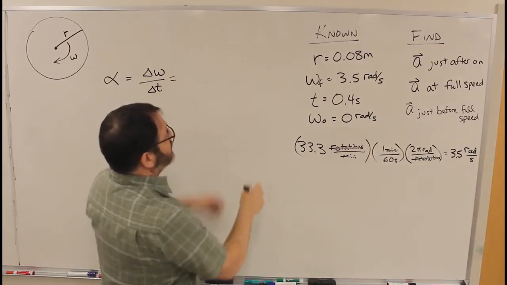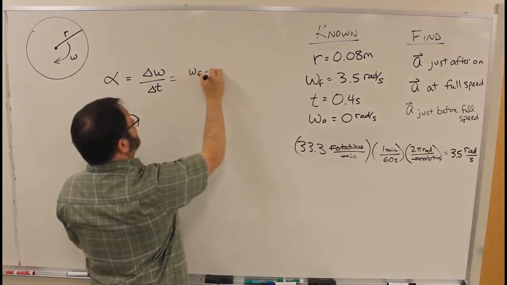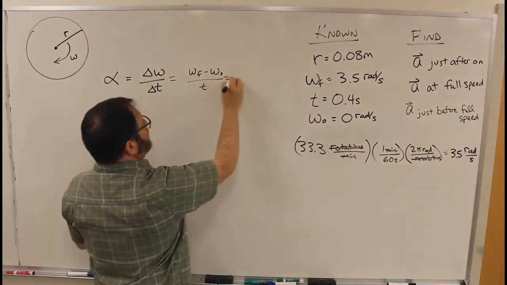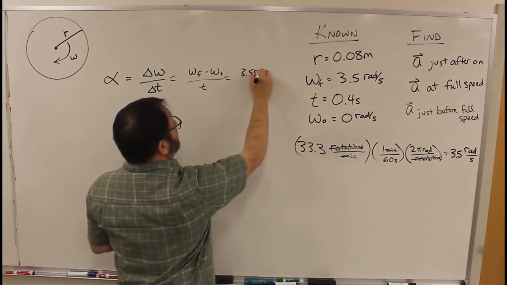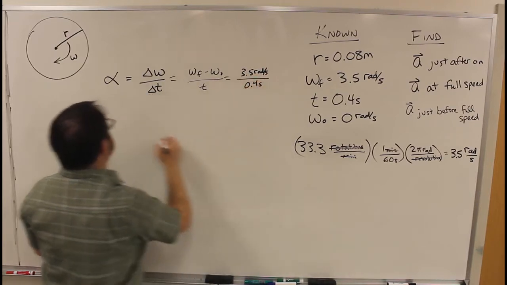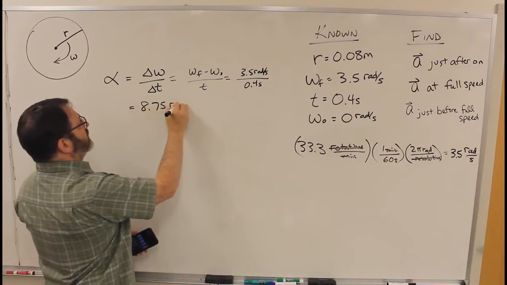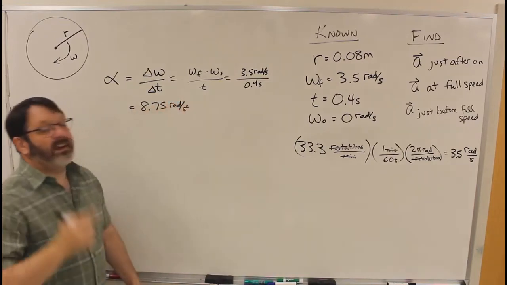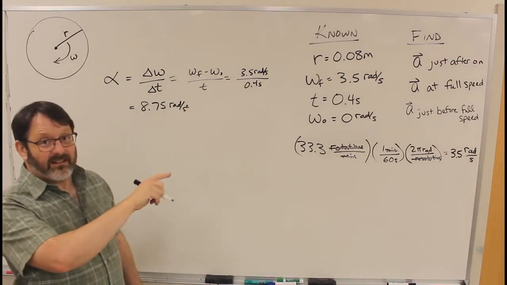So that is omega final minus omega initial over t. So that's just 3.5 radians per second over 0.4 seconds, 8.75 radians per second squared. But we weren't asked for alpha. We were asked for A.